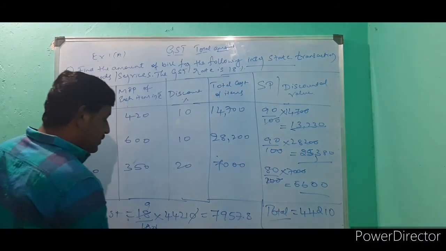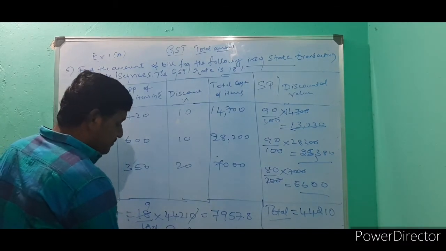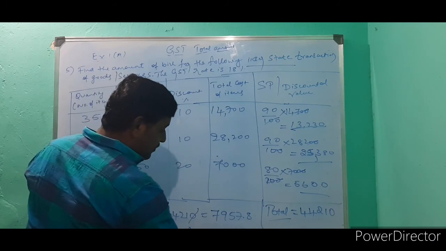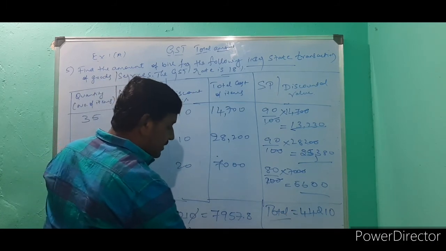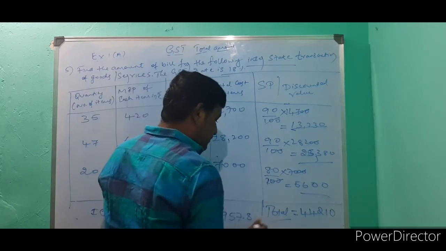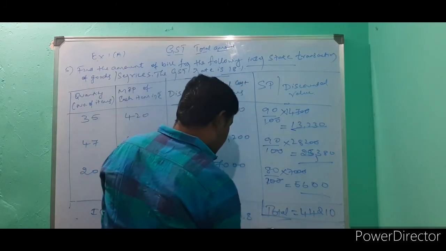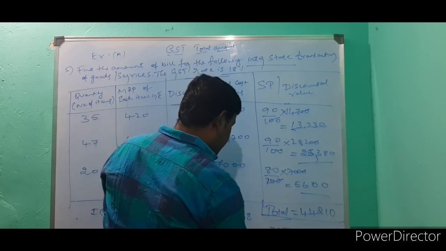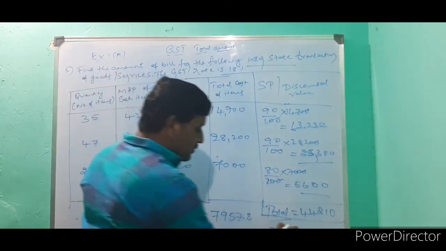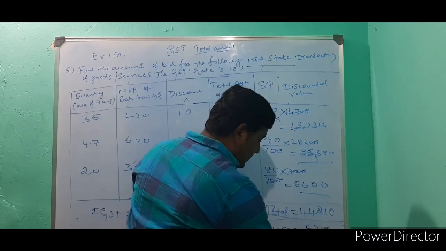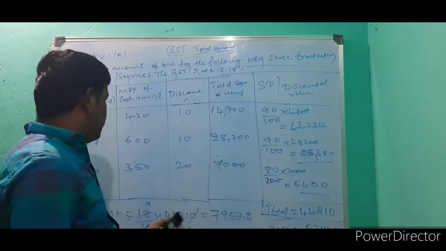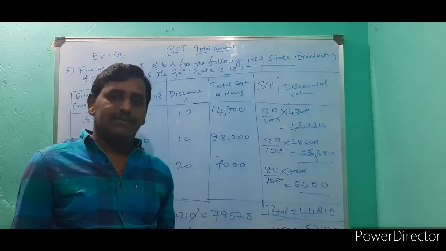The total amount is 44,210 plus 7,957.8, and if we add these two, we get 52,167.8.